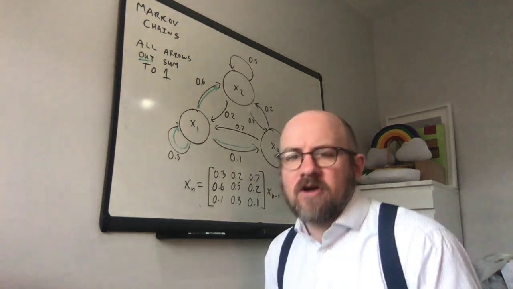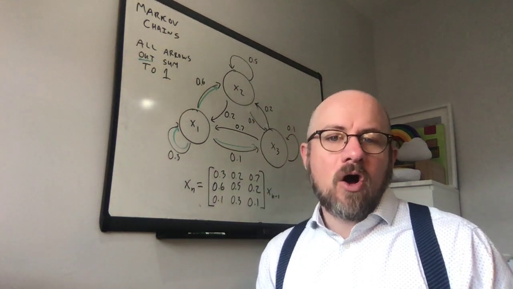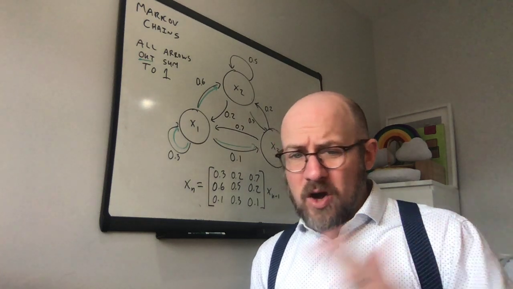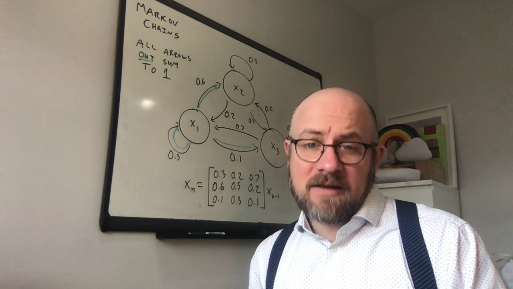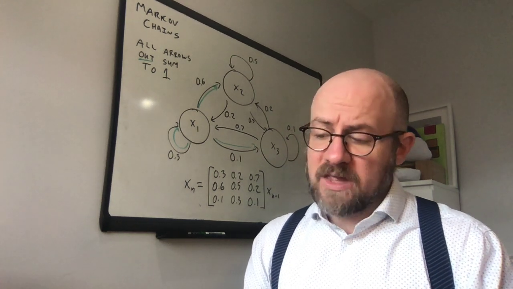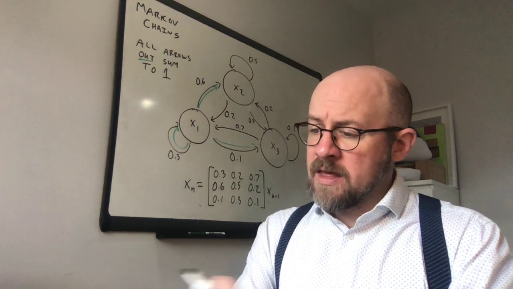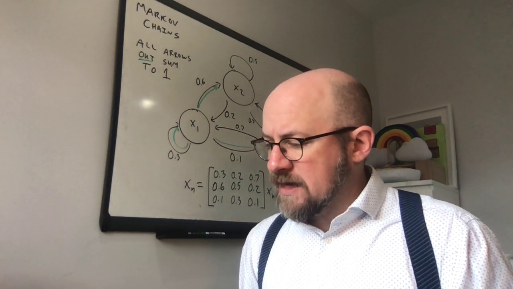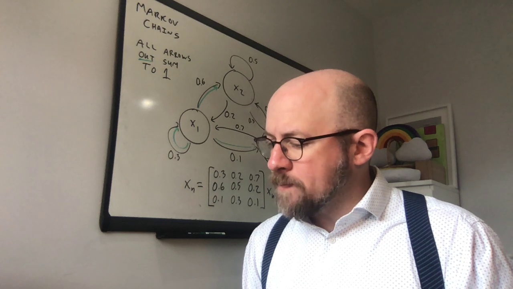So you can think of this Markov chain property also as being all the columns in the matrix add up to 1. Notice that the rows don't necessarily, right? Again, because those are the arrows going into a particular state, not out.